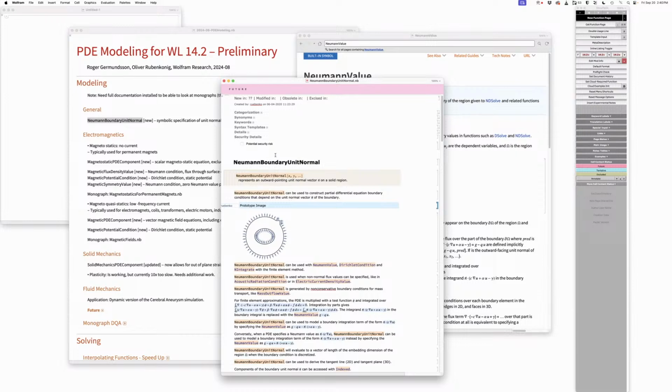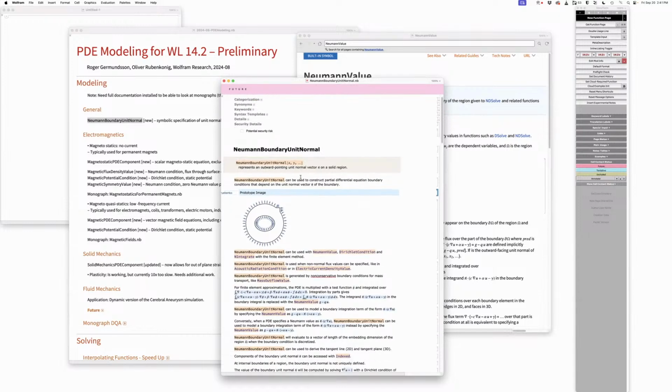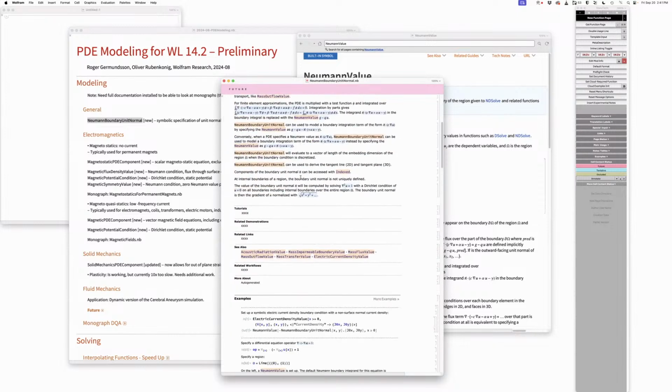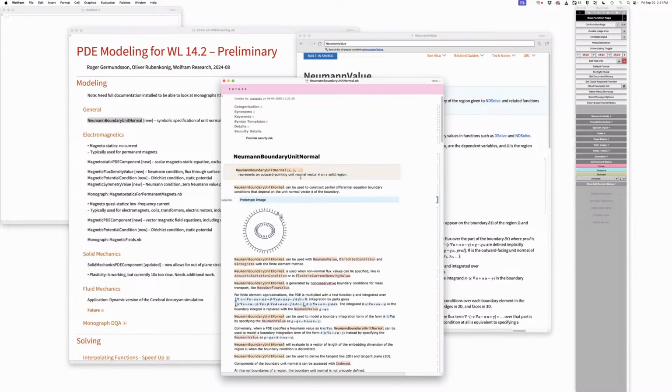Why is this normal flux not in a list? Why are the arguments, which are a vector, not? No, they're the independent variables, the spatial variables. I see.